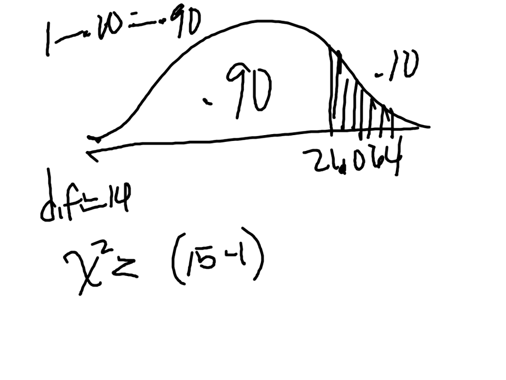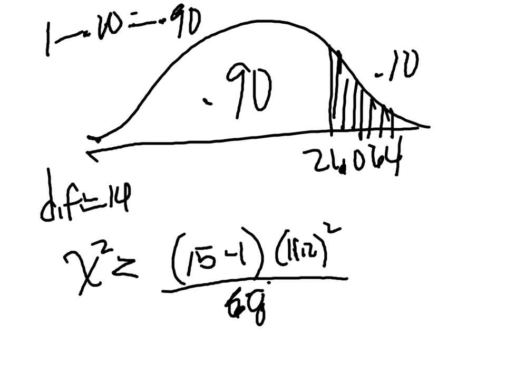So 11.2 was our sample standard deviation. It must be squared. And our population standard deviation was 8. That's why they have 64 down there. Actually, I think I'll prefer to write it this way. Instead of just writing 64, I'm going to write 8 squared, which is 64 for clarity.